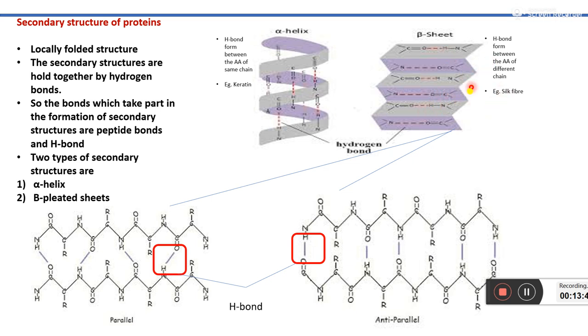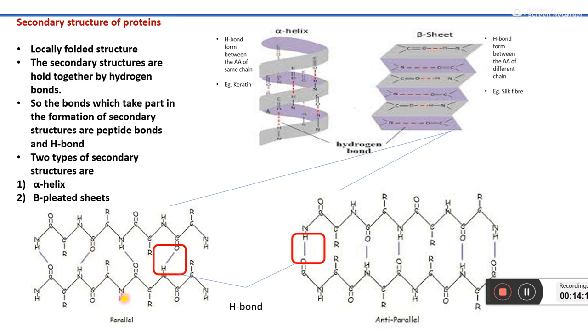So beta pleated secondary structure can further be classified into two types. First type is parallel beta pleated sheet and second is non-parallel or anti-parallel beta pleated sheet. In parallel beta pleated sheet, the polypeptide strands all run in one direction.